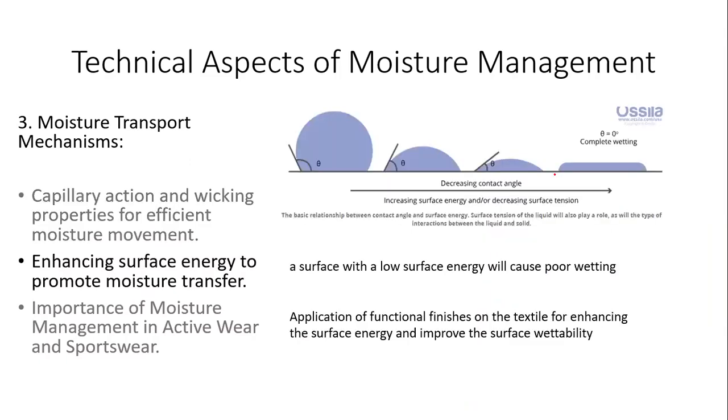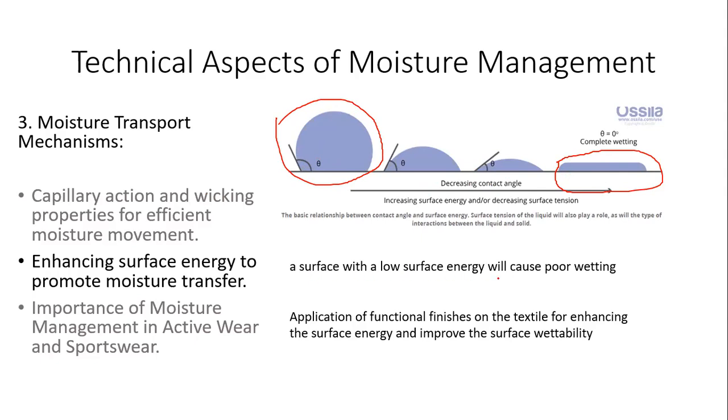And then enhancing the surface energy to promote the moisture transfer is also very important, because we have discussed that if the surface energy is very high, your surface will become hydrophobic. If you have a surface energy very low, that means your surface becomes more hydrophilic. Decrease in the contact angle basically tunes the wettability of the fabric.